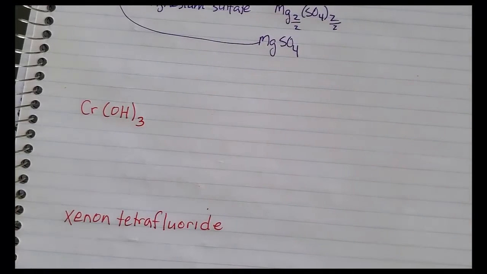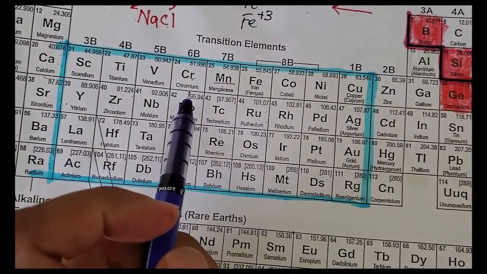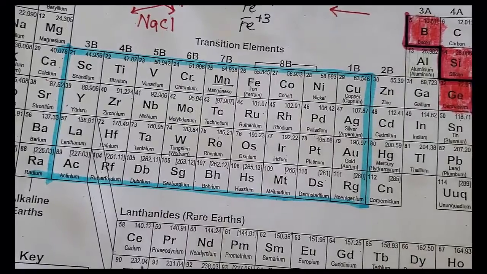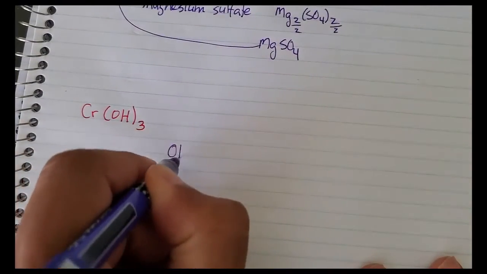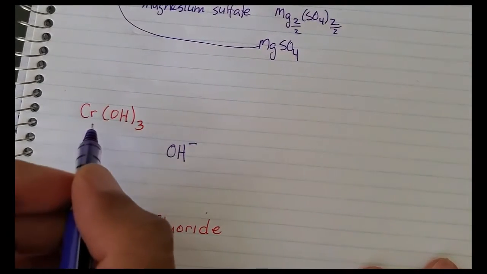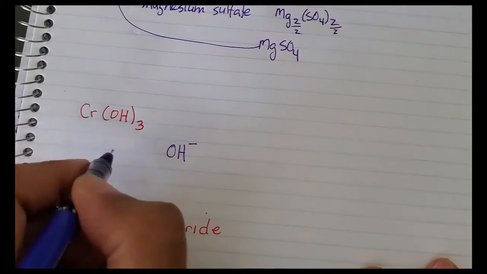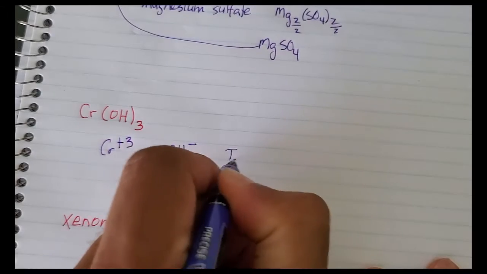All right, Cr(OH)3. So Cr is chromium, and chromium is within the transition metals, and OH represents OH minus from our flashcards. So what is the charge of the chromium here in order for us to get Cr(OH)3? It has to be plus 3. Right? So this is ionic.